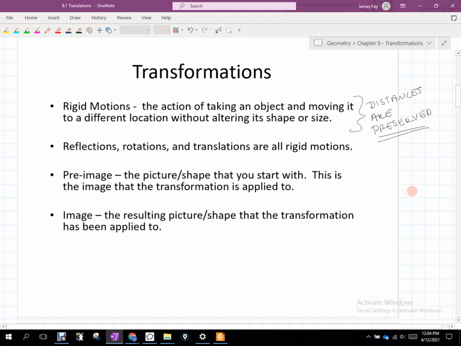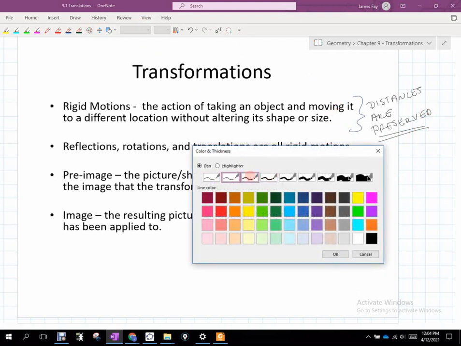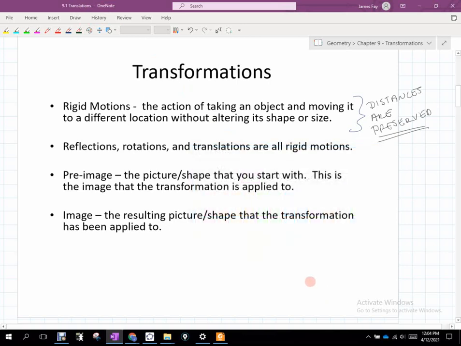What does preserved mean? Jams and jellies are called preserves, aren't they? Right? Why? They last longer. They don't change, right?